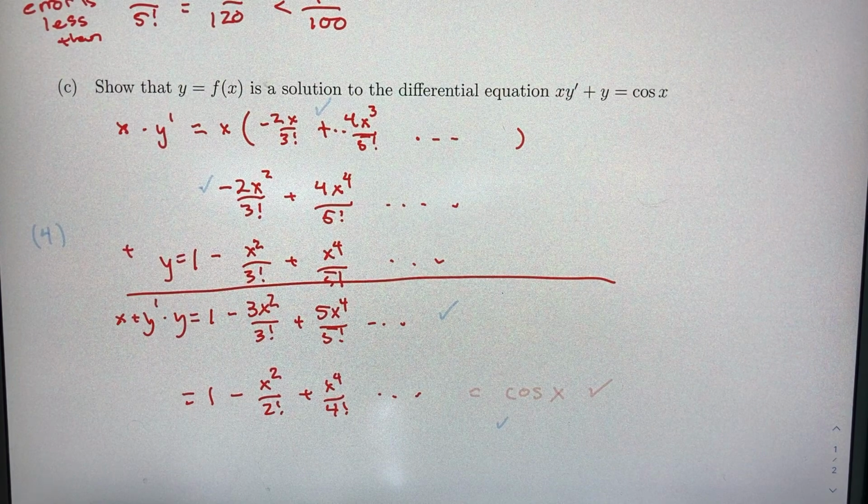So now we just have the even exponents, so this is cosine.